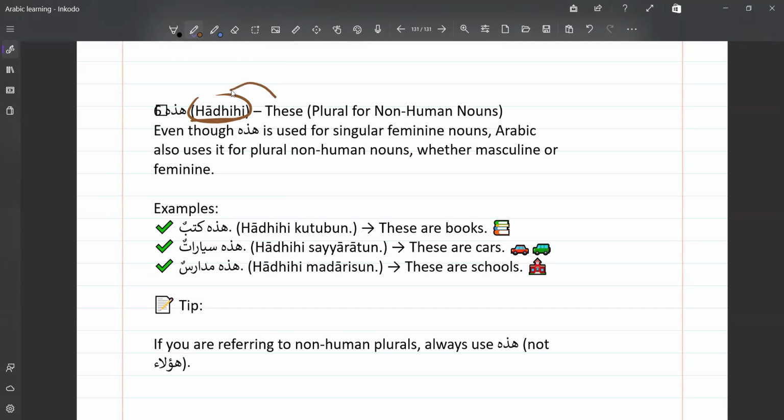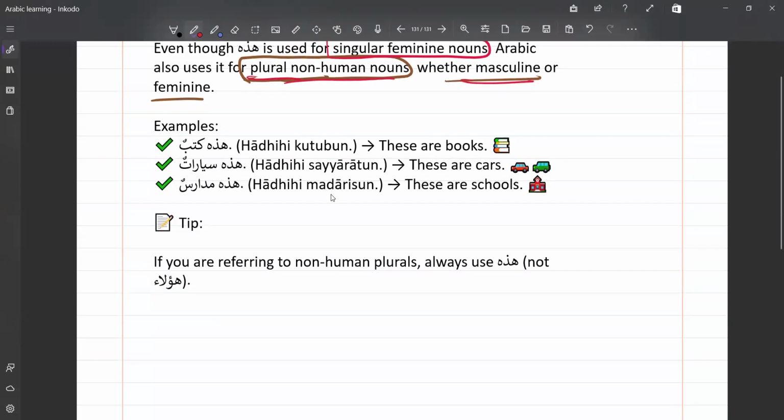Hadhihi also means these, and it can also be used for plural non-human nouns, whether masculine or feminine. Just now we studied that hadhihi is used for singular feminine nouns, right? So now we're studying that hadhihi can also be used for plural non-human nouns, whether masculine or feminine.